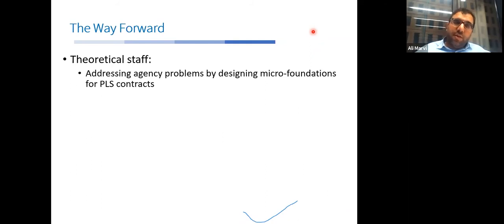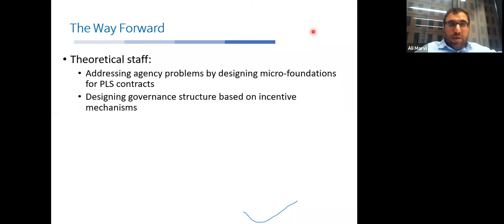Scholars in the Islamic banking field should address agency problems that arise in PLS contracts by designing micro foundations for these contracts that address agency problems due to informational asymmetries.